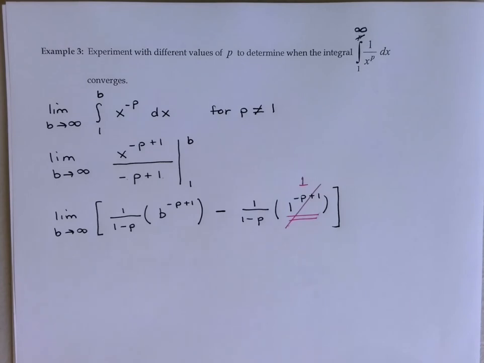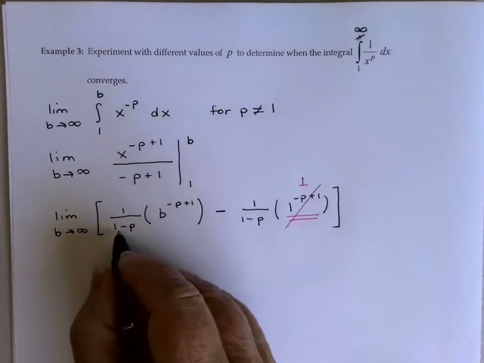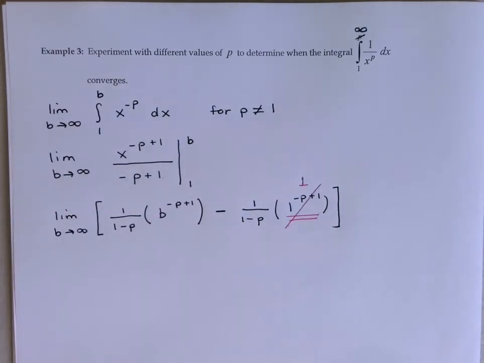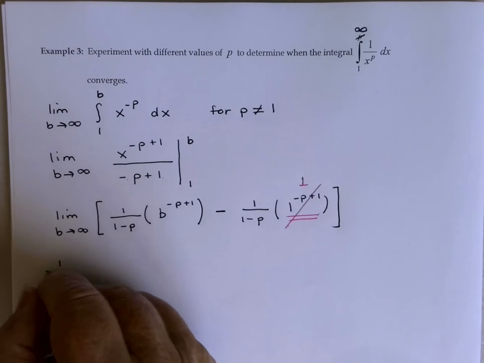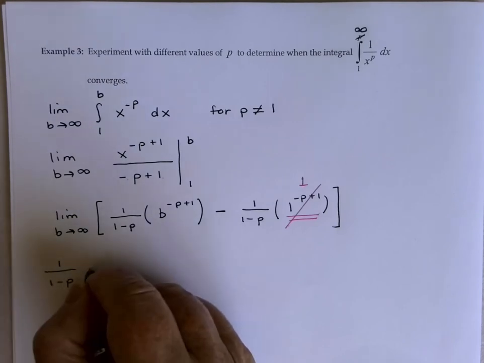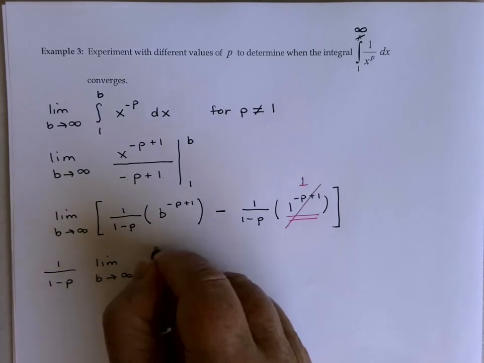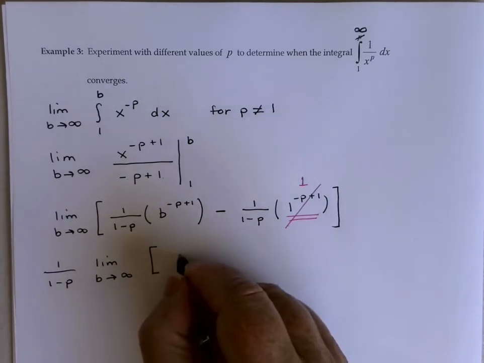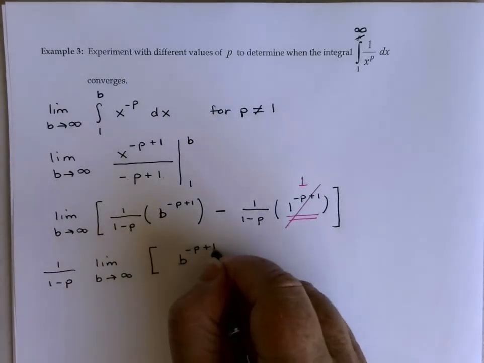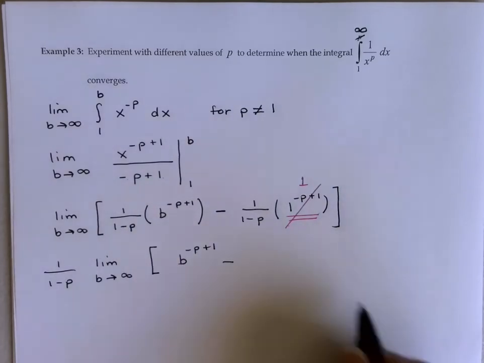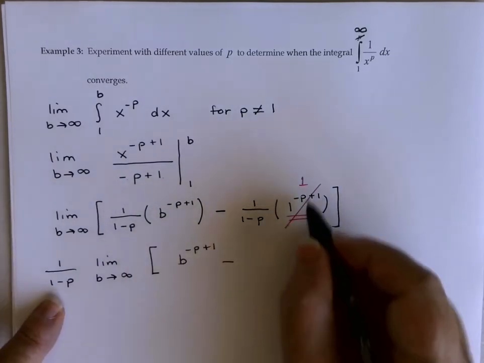So let's do this. Let's factor out the 1 over 1 minus p. Since it's a constant, p is just some number, I can actually factor it all the way out of the limit. And then I'd have b to the minus p plus 1. Subtract, that's factored out, so I just have 1.